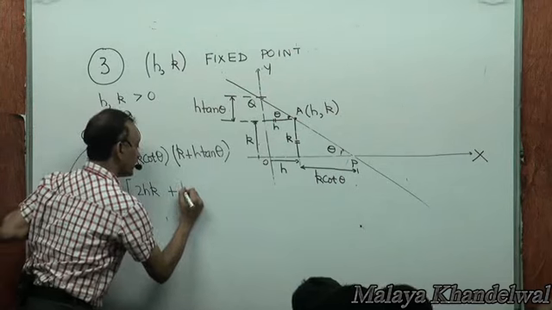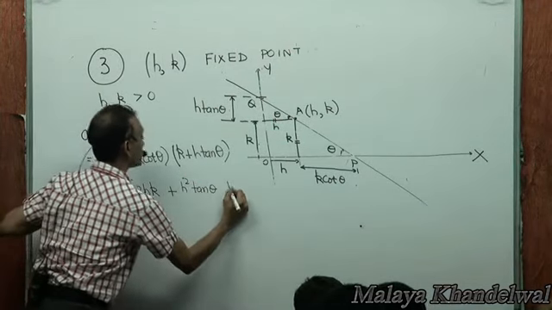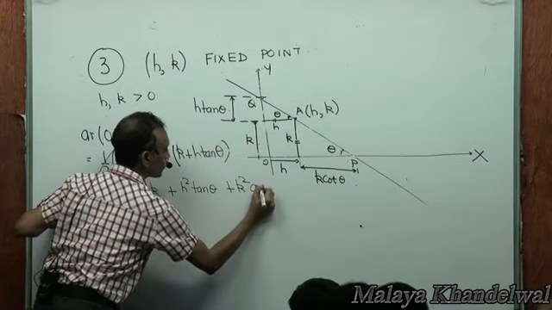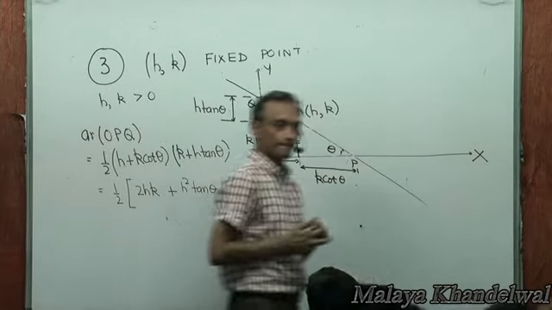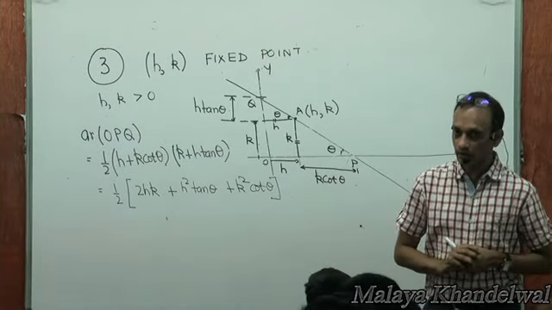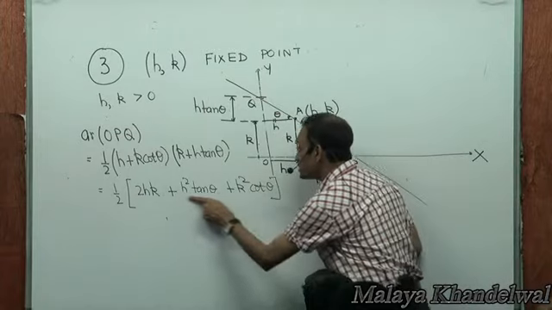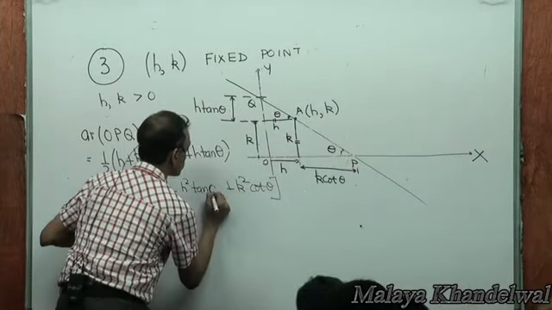Yes or no? H squared tan theta plus K squared cot theta. How about it? Clear? Now, for different thetas, this will assume different values.